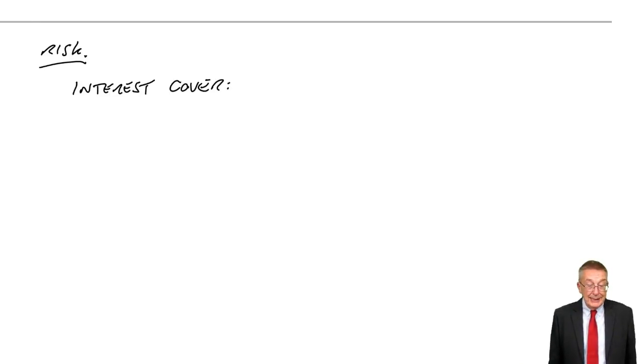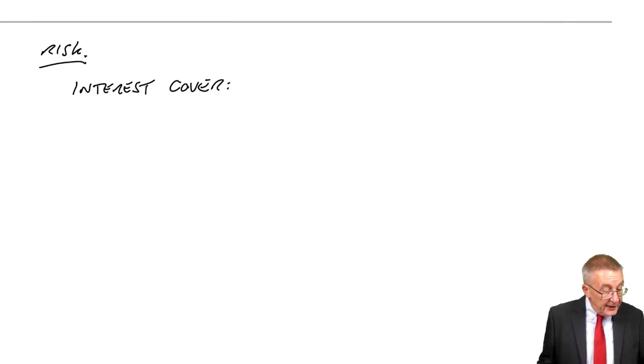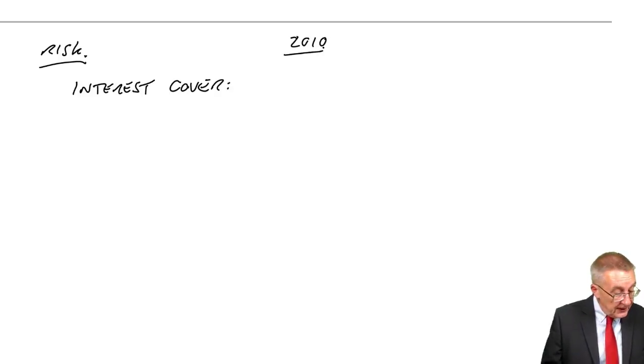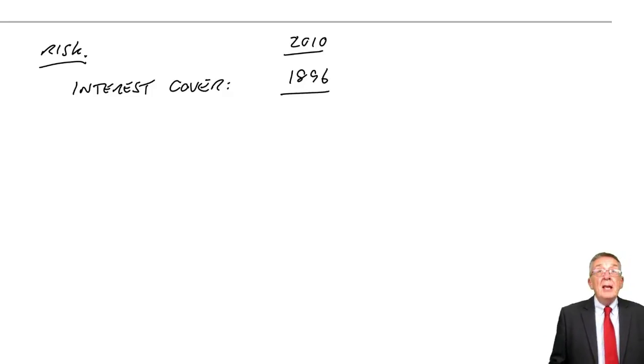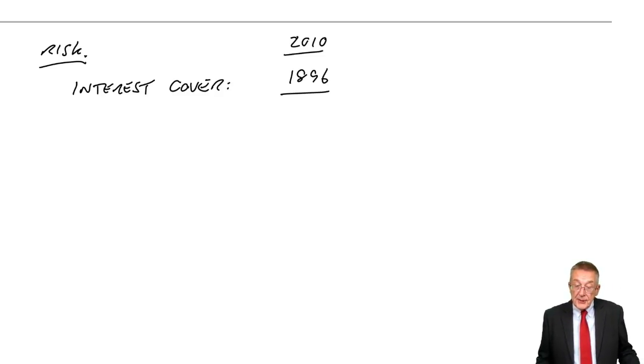They go bankrupt. So for interest cover, we take the profit before interest. The profit from operations in 2010 is 1896. And we divide by the interest. Finance costs is another word for interest.